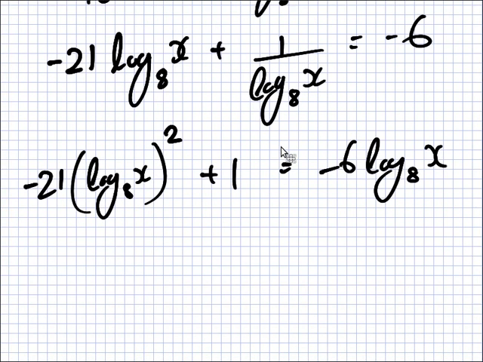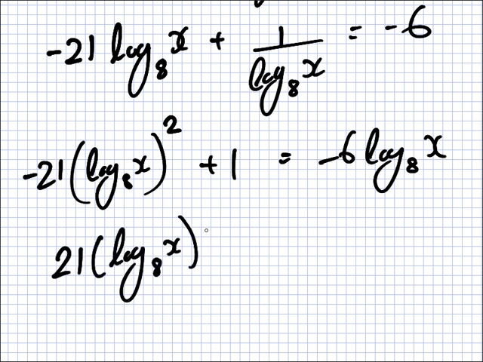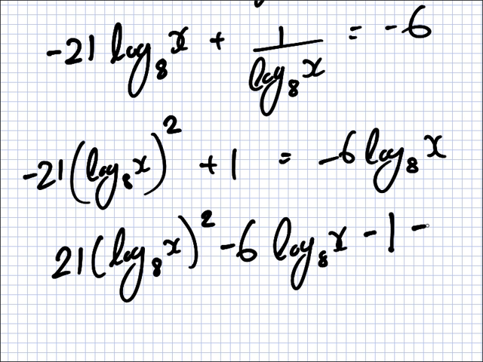Now, I'm going to take everything to the right hand side. So I take both those to the right. So I'll get 21 log 8x squared minus 6 log 8x minus 1 equals 0.